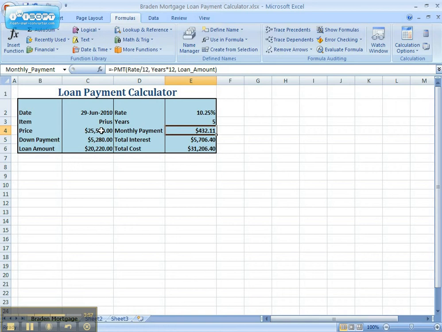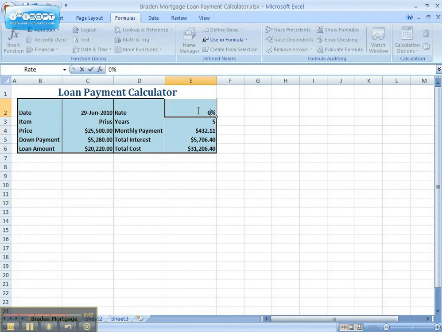You can see your monthly payment on that car will be $432.11, and you'll end up paying $31,000 for that Prius. The total interest you'll be paying is $5,706. Maybe you can get a great financing deal, 0.9% interest, and you can see the amount is much lower. You save a lot of money on getting a deal like that.